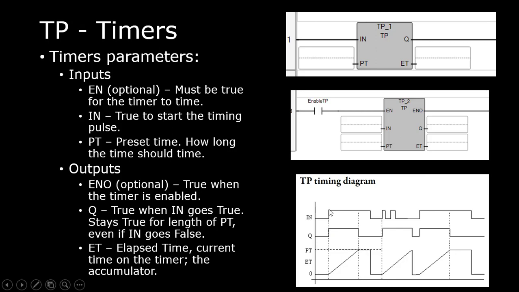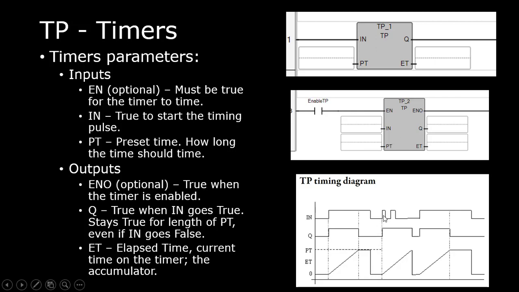When the input goes true, the Q output goes true and the timer starts timing. When the accumulator or the elapsed time equals the preset, the Q turns off. When the input turns off, the accumulator resets.